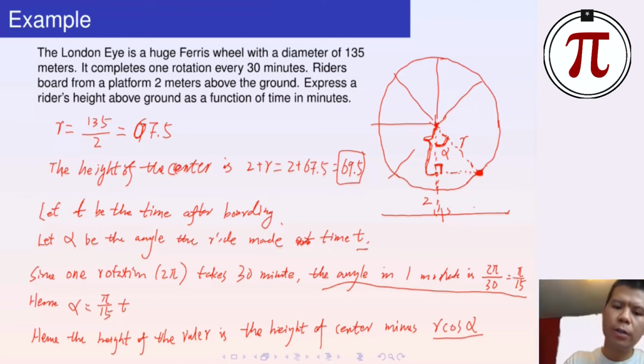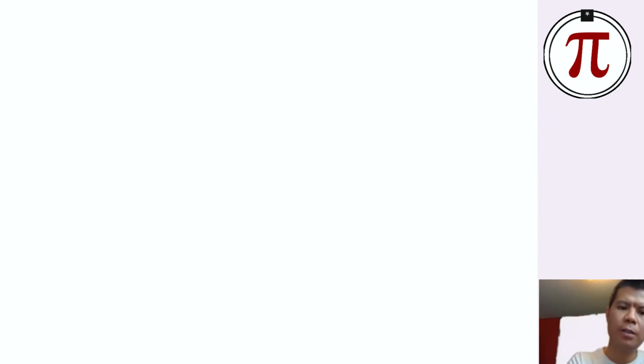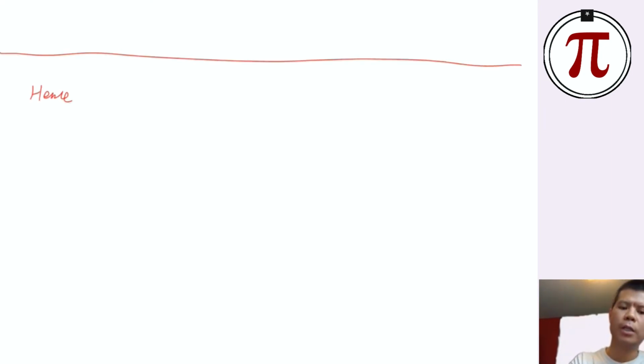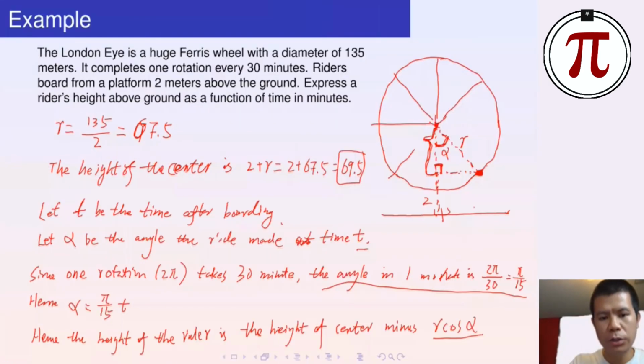All right. So therefore, we have, okay, sorry, I changed this one to this place. Hence, now the height, say h of t equals, we know that the height of the center is 2 plus r, 69.5. Yes? 69.5.